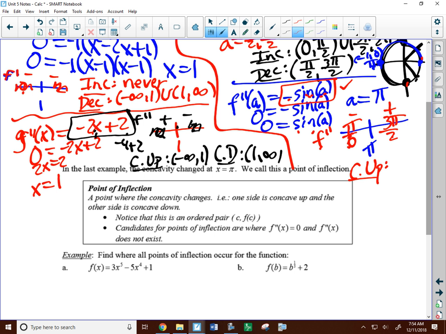Concave up just where it's positive, and then we get rid of the test values. So the interval is pi to 2 pi. And concave down where it's negative, that was 0 to pi.